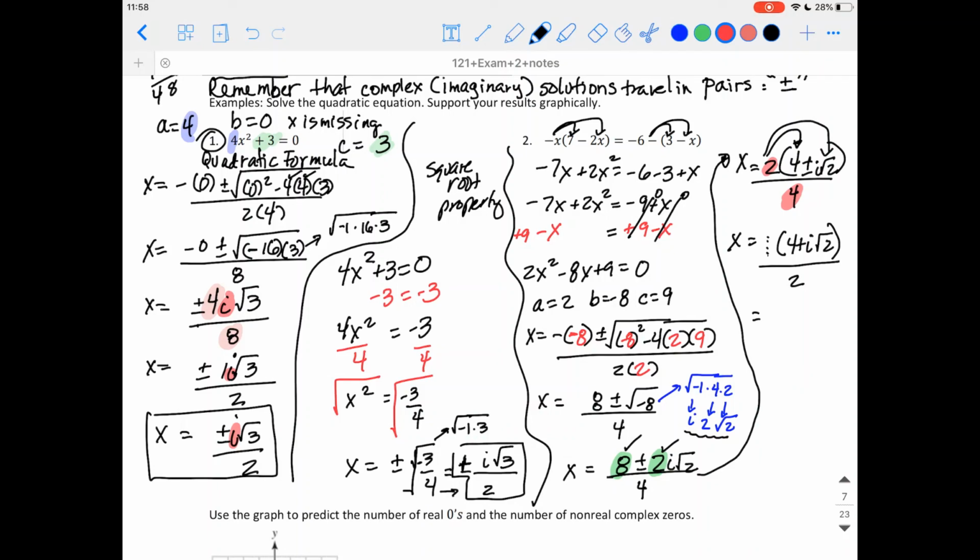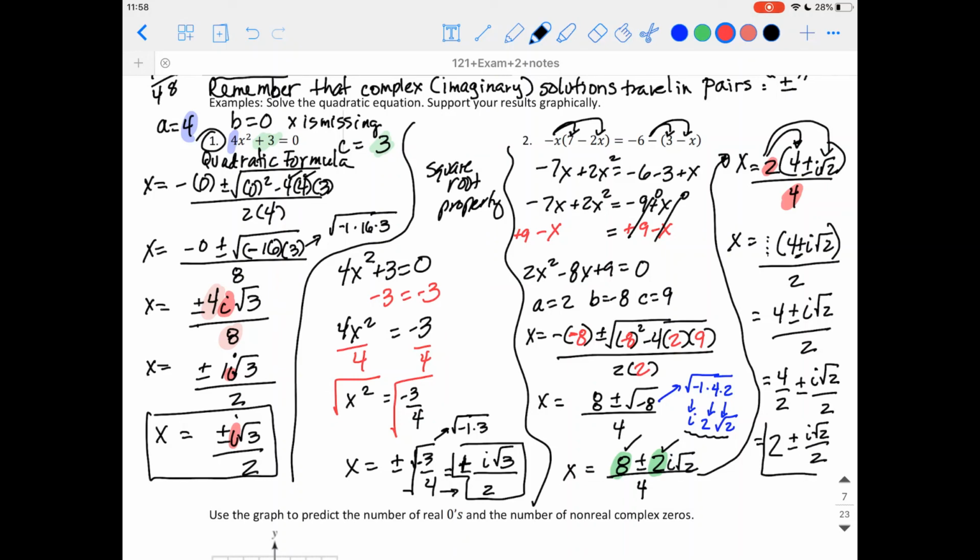But the most simplified answer would be 4, and I forgot the minus here, so 4 plus or minus i square root of 2 over 2. Now we want to break it up into the real and the imaginary part. It's equal to 4 over 2 plus or minus i square root of 2 over 2. And so 4 divided by 2 is 2, and it's going to be plus or minus i square root of 2 over 2.